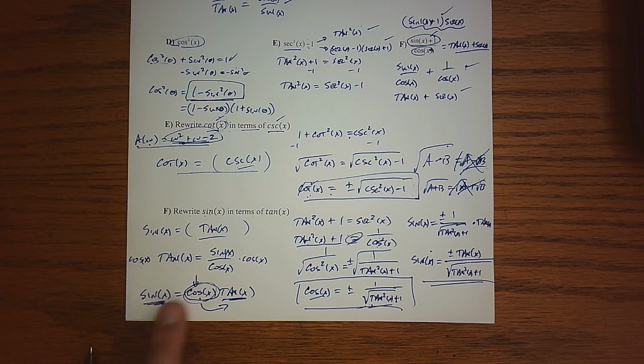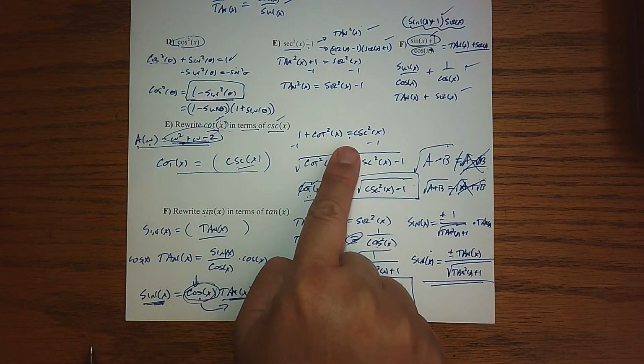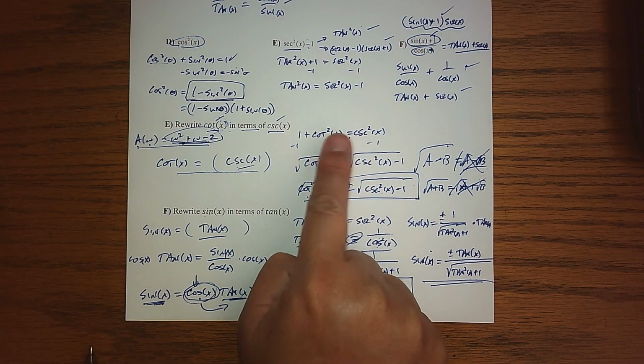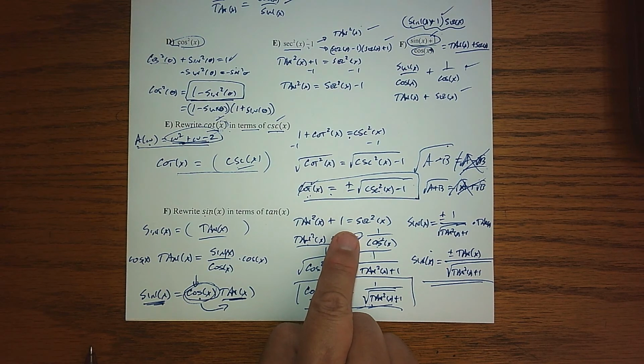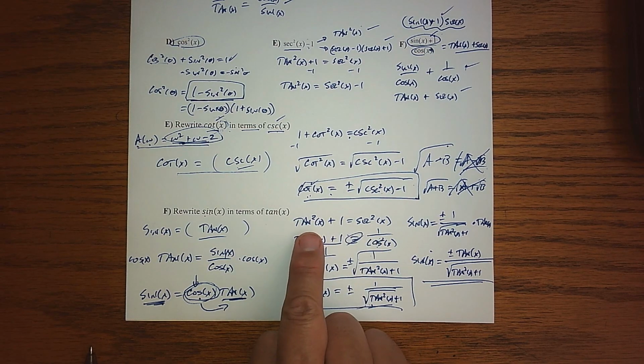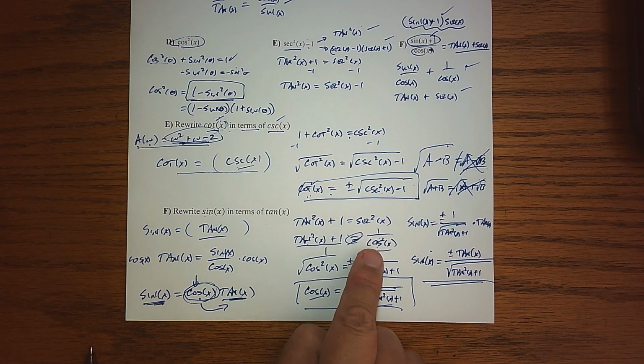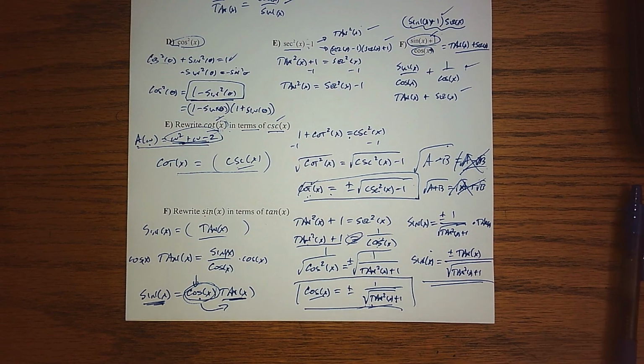Since there wasn't an immediate, nice, clear relationship, like up above where there was one between cosecant and cotangent, which I just used, here there was a link between sine, cosine, and tangent. I had to get rid of the cosine. So I ended up using the Pythagorean identity that relates secant to tangent. Once we have secant, we have cosine, and then I was able to solve for cosine. So lots and lots of algebra.